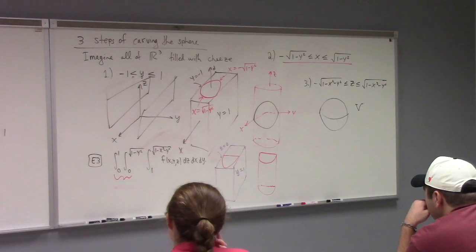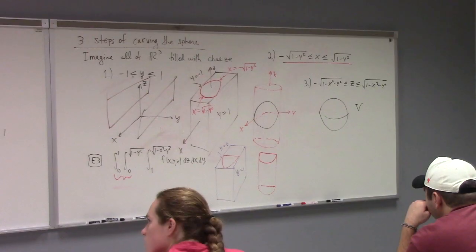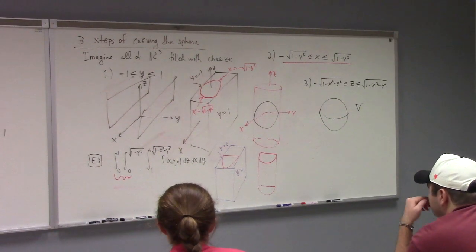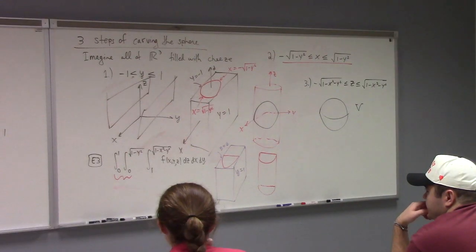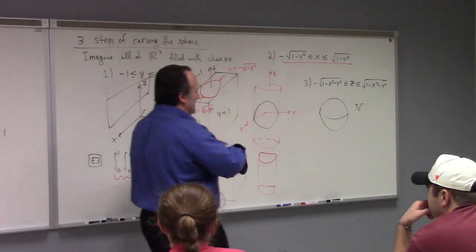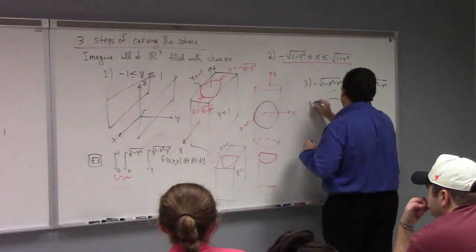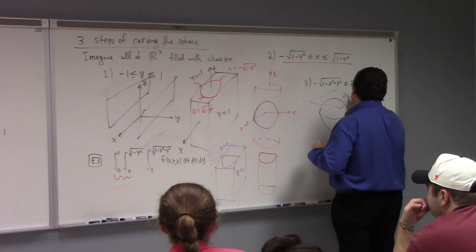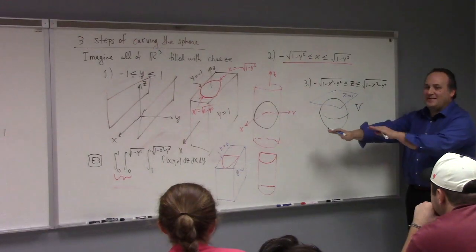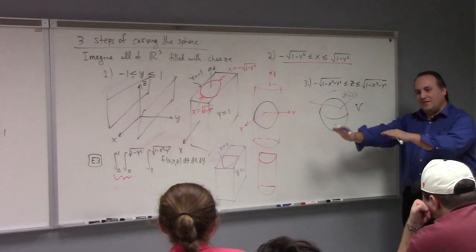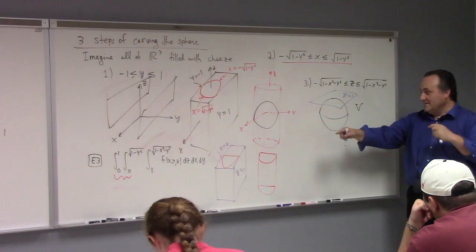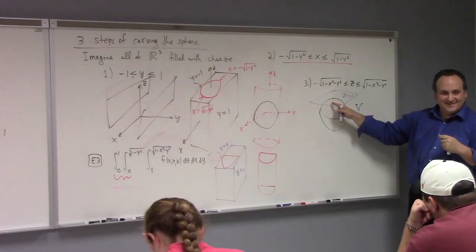Do you know what the answer is? The answer is 0. Very good. Because if you look at z equals 1, and the equation for the top of the sphere, they intersect right here. So this is very, very dumb. The volume described by the inequalities implicit within this triple integral leaves you a single point.